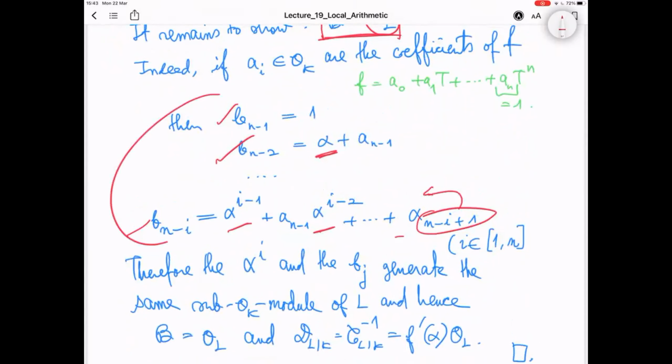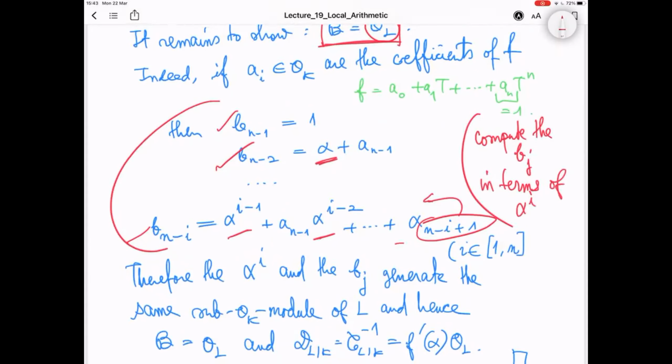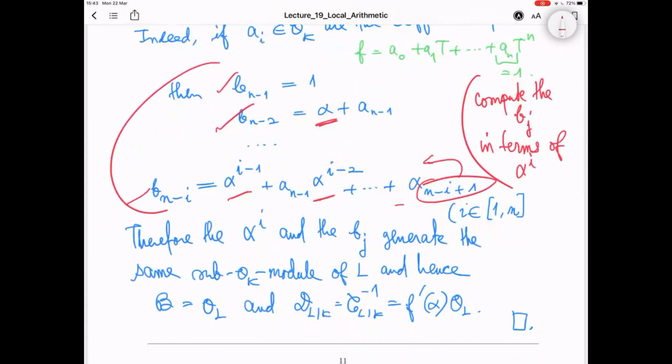Don't take these formulae on trust. You just need to compute the beta j, the bj's in terms of the alpha i. And you will see that you are able to do it.